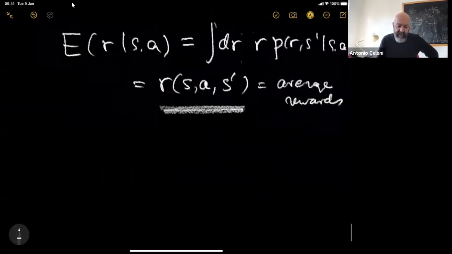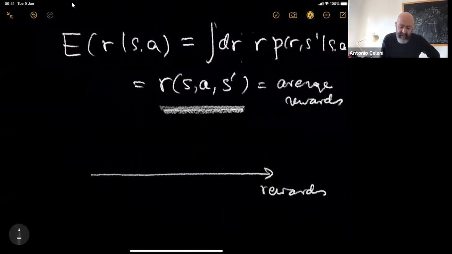So the basic idea is that we tend to think in the decision-making context in terms of rewards which are positive. They could be negative.